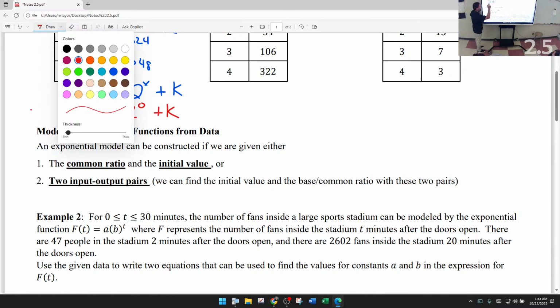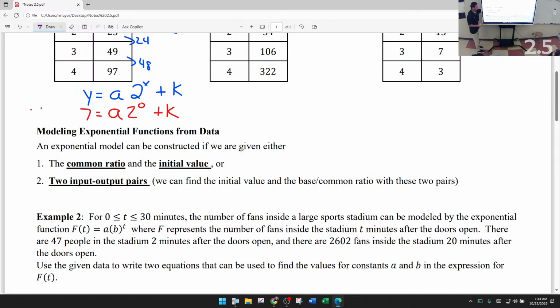Doesn't help you guys, but purple. And I'm going to do another one. What's the next point? 13. So I'm going to put 13 equals A times 2 to the 1 plus K. All right, everybody good? Okay.